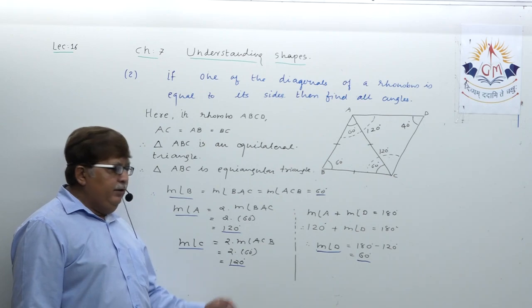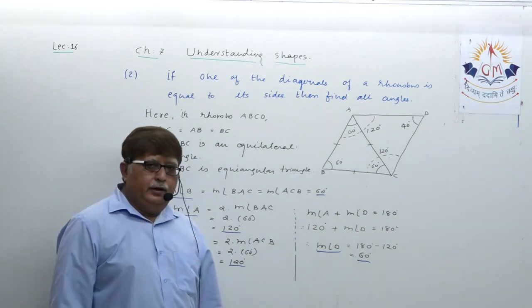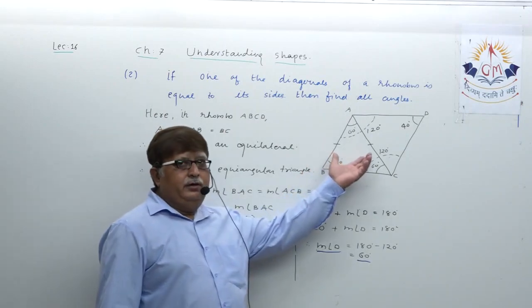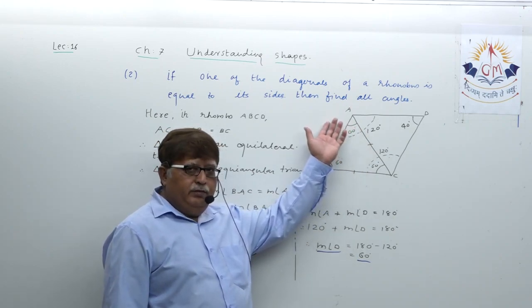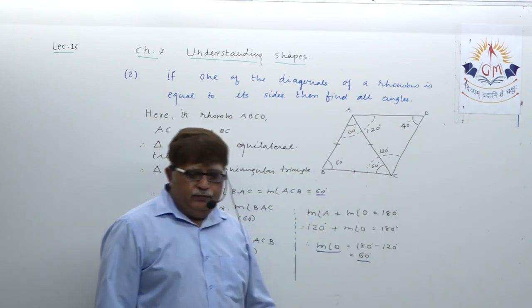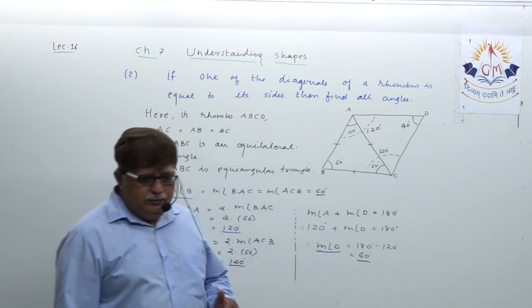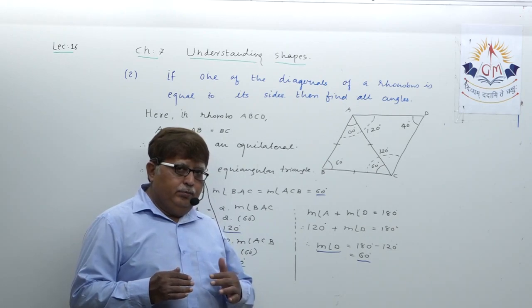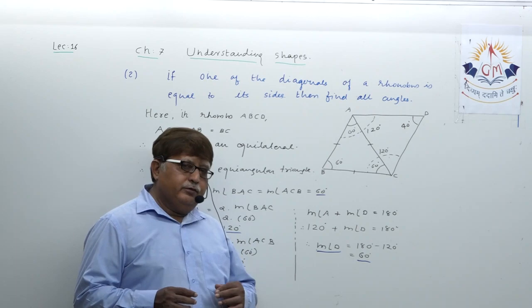So at the end you got angle A, angle B and angle C, and the rest, angle D, makes an adjacent supplementary pair with either angle A or angle C. This way you can find. Understood, dear student?